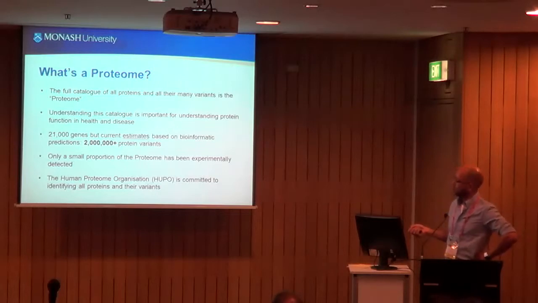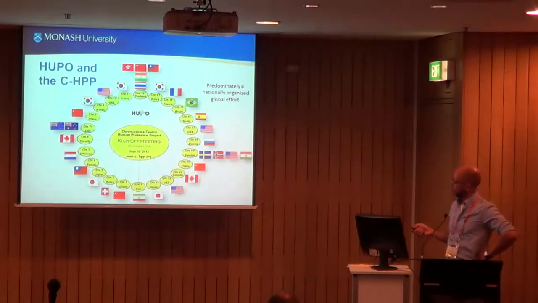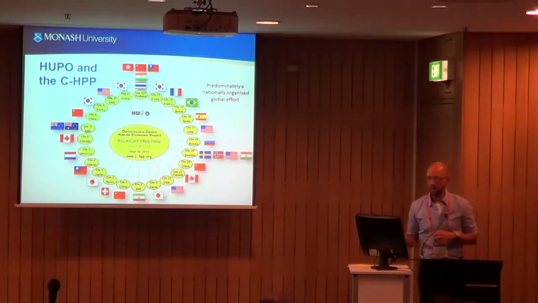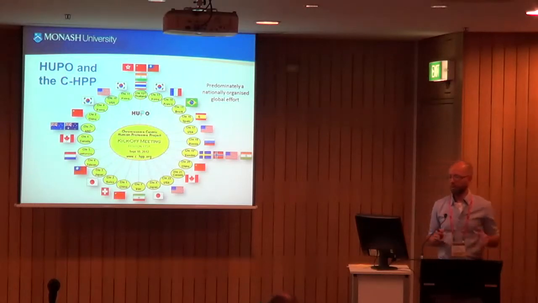However, the Human Proteome Organisation is committed to identifying all proteins and their variants. So HUPO is an international organisation. It's the Human Proteome Organisation. They effectively, as I said, want to identify all proteins and their variants, and they have two broad approaches to doing this.